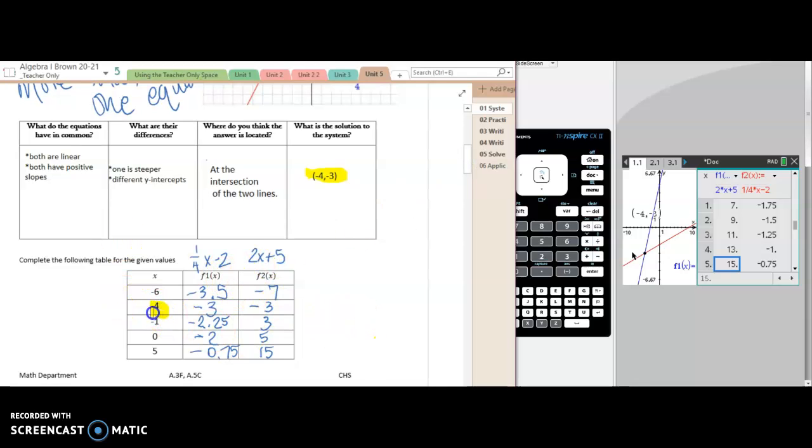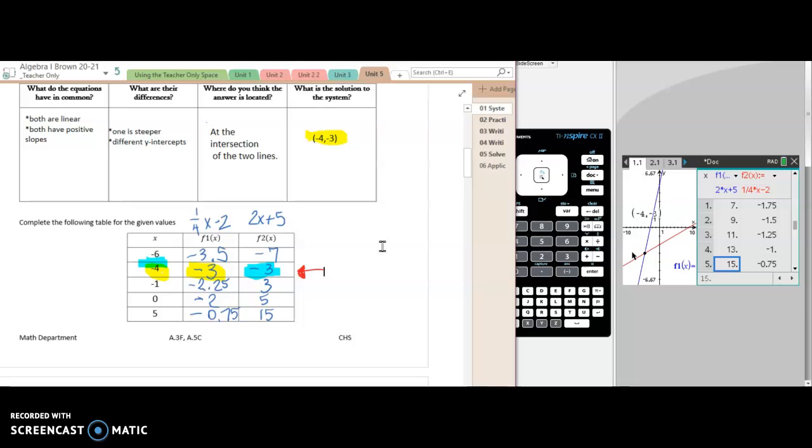My x value here is -4, and this y value is -3. Then this x value is -4, and again, look at this y value, it's -3. It's the same. So we know that this is our solution, -4, -3. Remember, this is the same system of equations. Okay, so let's move on to the next problem.